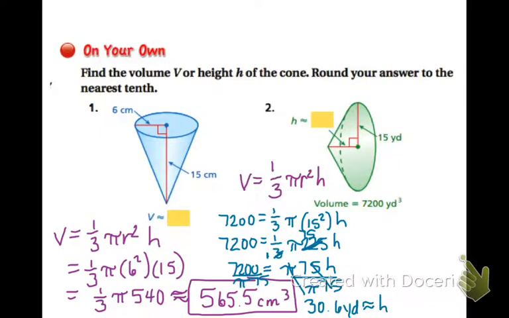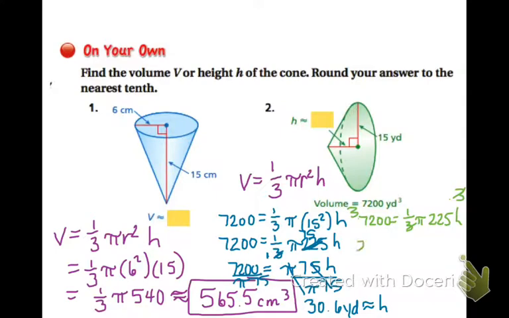The other way to work it out is to take, let's switch colors again, the 7,200 is equal to this 1/3 pi. Now I'll go ahead and just do the 225h. If we multiply both sides by 3, the 3's here cancel, and we're going to multiply this by 3, we're going to get a pretty large factor.